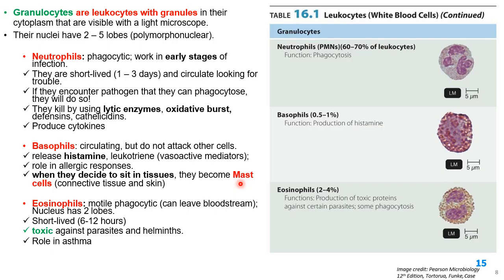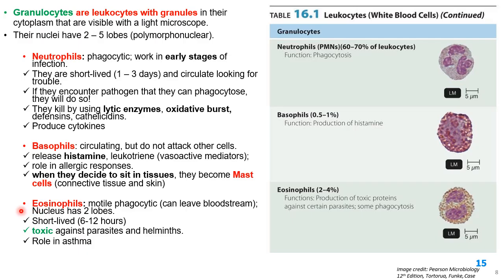So histamine is excitatory. If you quiet the histamine in your brain, you get tired, right? So histamine is an excitatory neurotransmitter, right? All right, so mast cells are going to cause inflammation because they dump the histamine in the tissues, right? So that's the job of your mast cell.